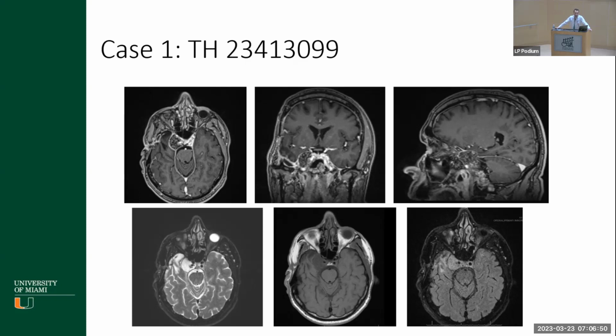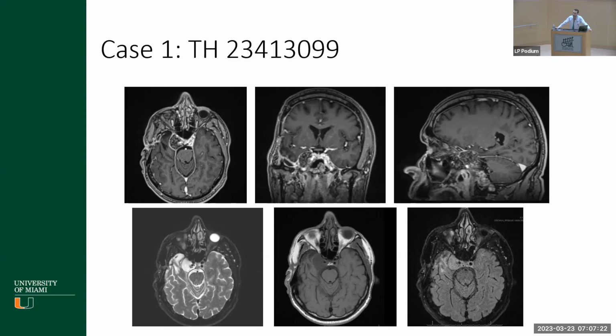You said one already. What is in favor or against meningioma? So the fact that it appears like a hypointense area within the lesion now, generally meningiomas are homogeneously contrast enhancing.